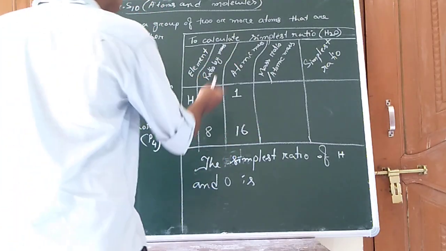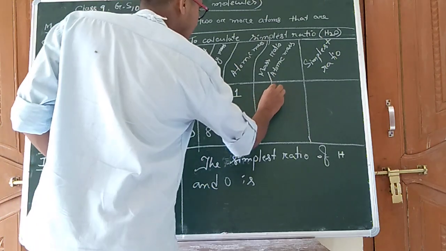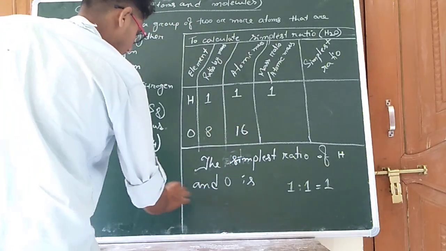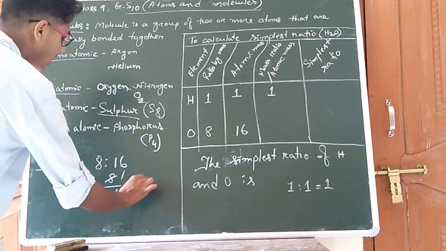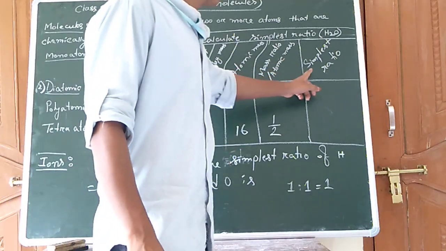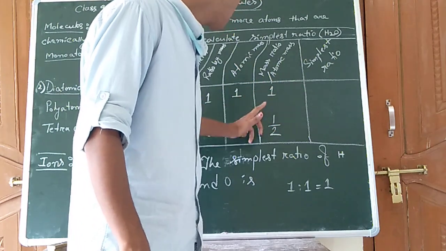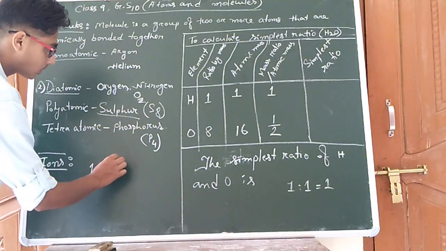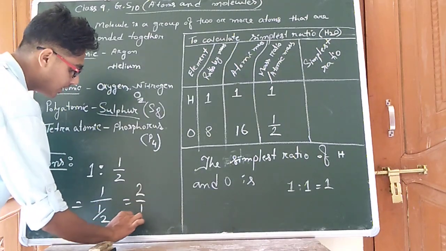Now the mass ratio divided by atomic mass: for hydrogen, 1 by 1 equals 1, and similarly for oxygen, 8 by 16, which is 1/2. For the simplest ratio, we take the ratio of these two numbers, 1 and 1/2, that is 1:1/2. Multiplying by 2, it becomes 2:1.